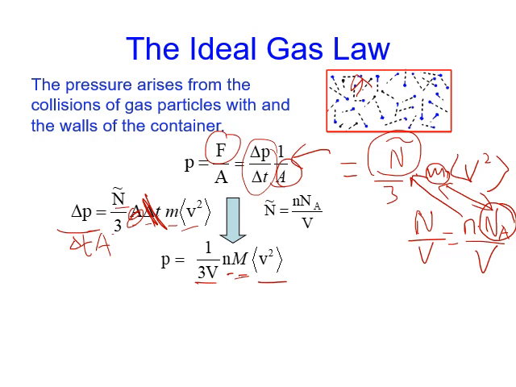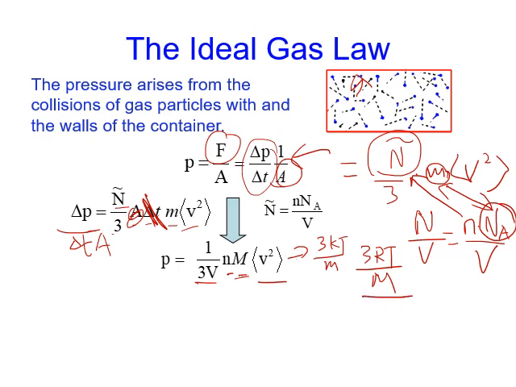If you go back a few slides, you will see mean square speed is 3kT over m, or 3RT over M, molar mass.